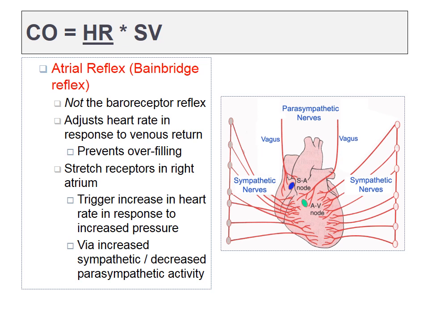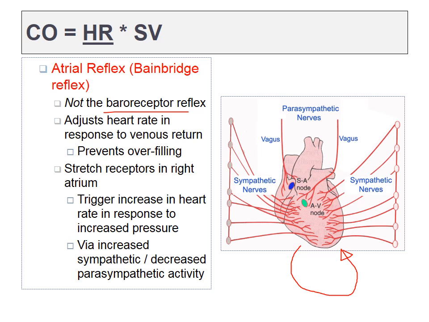Next up is the atrial reflex. This is a different reflex from the baroreflex. And what this does is that when the heart fills up with too much blood, it'll trigger a contraction. And this prevents the heart from overfilling, which could be a problem because cardiac muscle cells and all of the collagen fibers that help to anchor them together don't stretch very well.